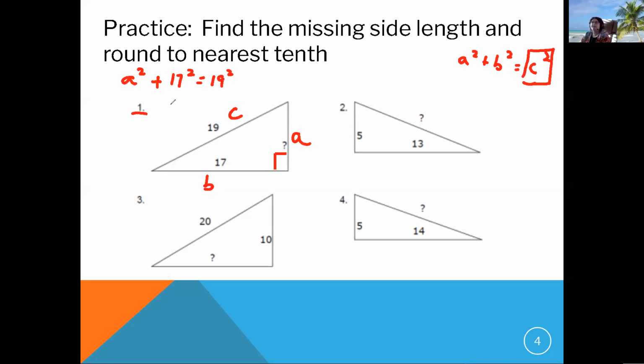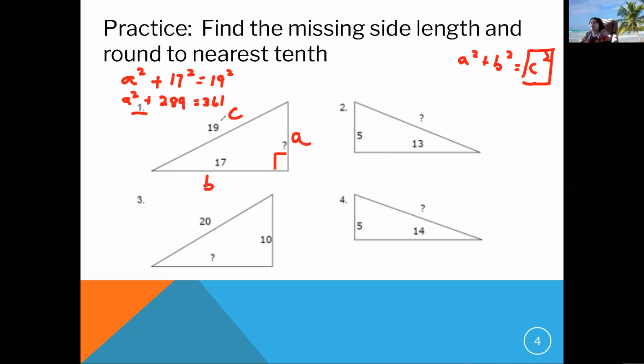Okay, what is 17 squared? What's 17 times 17? 289. Yep, that's a pretty big number, isn't it? And then what is 19 squared? 361.